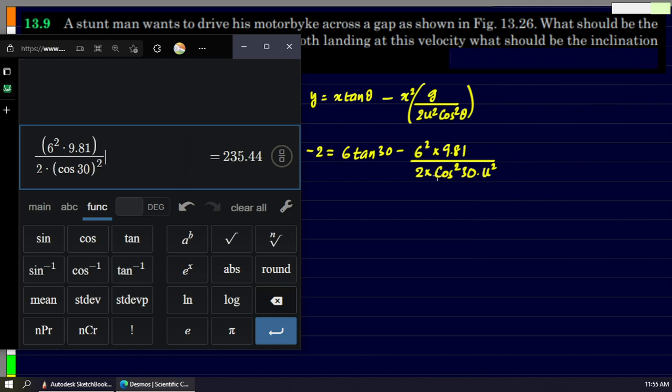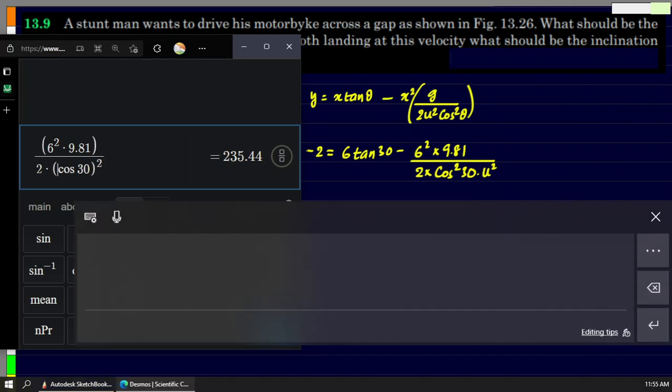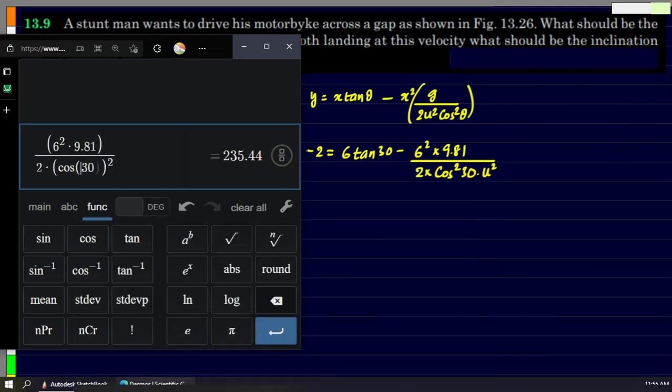When we feed this complex value in the calculator, we get 235.44. Be careful while you're feeding it in the calculator. If there is an open bracket here for the angle, you need to close that, and then the complete cos value you need to enclose in a bracket before you put the square value. This is how you're going to feed it in the calculator, and the value we're getting is 235.44.